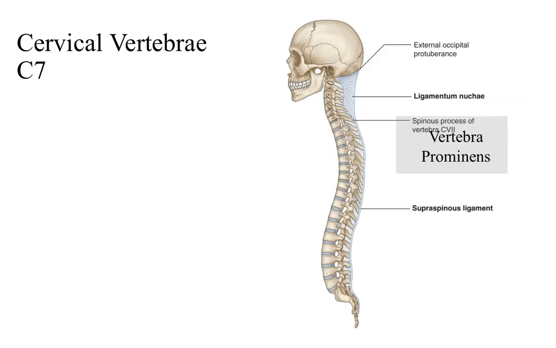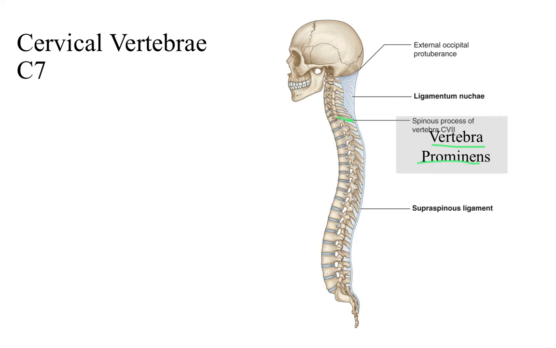One other special feature of the cervical vertebrae is that C7 has a spinous process that sticks out farther than any of the other cervical vertebrae, and we call that the vertebral prominence. So if you go to your back and feel down your back to the first vertebrae spinous process that you feel, that's going to be C7, the vertebral prominence of C7.